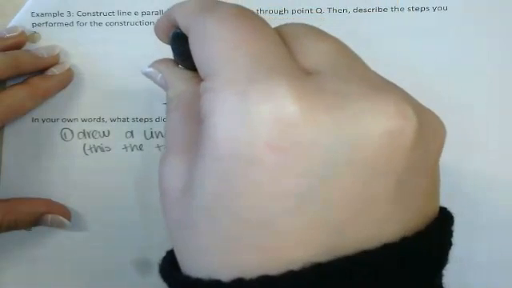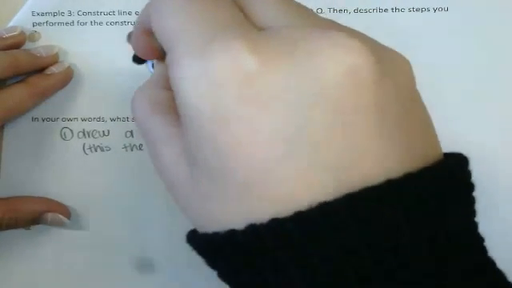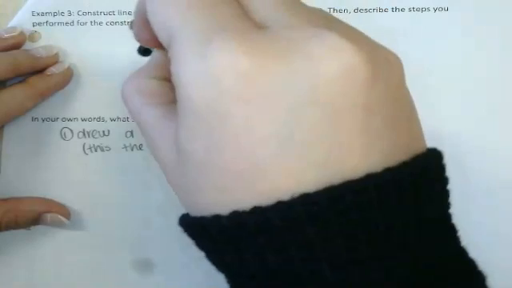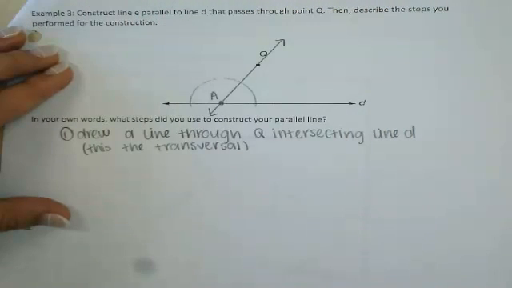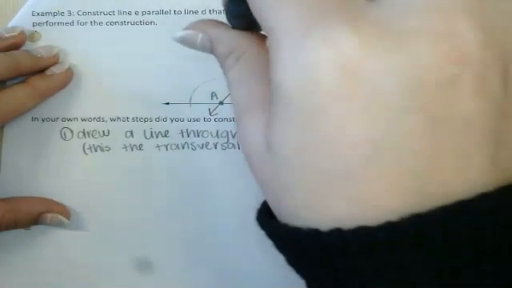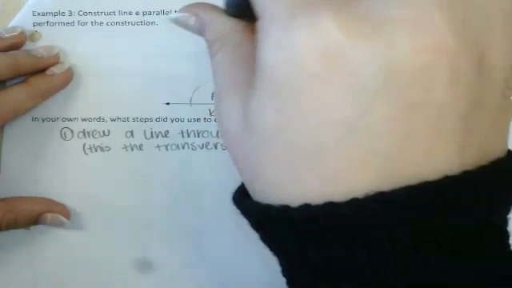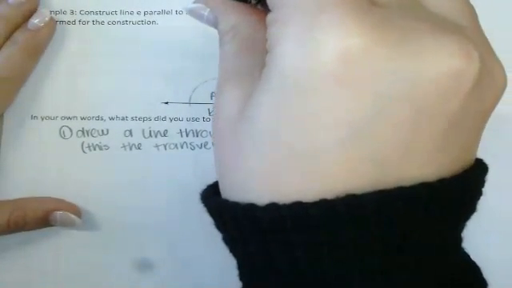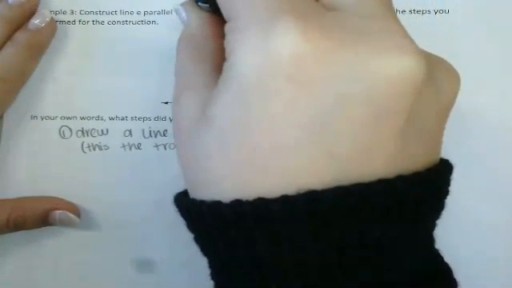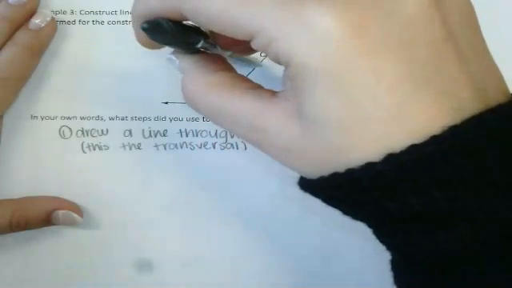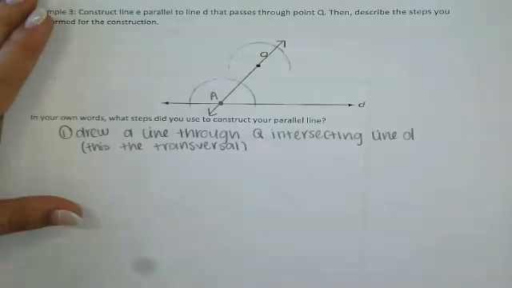So it's got to be a pretty big arc. Okay, and then without changing the width at all, you come up here and you repeat that exact same arc up here.